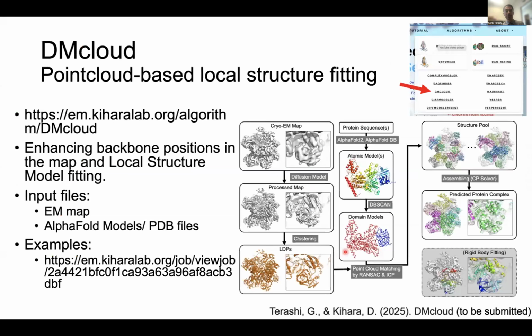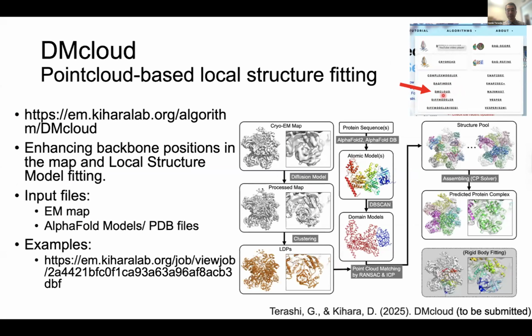Okay, then the next tool is DM Cloud. This is a new tool. This is a point cloud-based local structure fitting. We are preparing the papers, but the server is already available. Please try to use this latest model fitting program. The link is here.